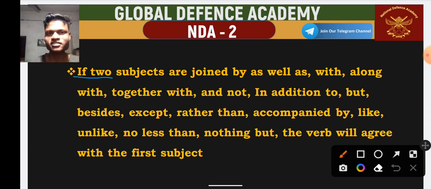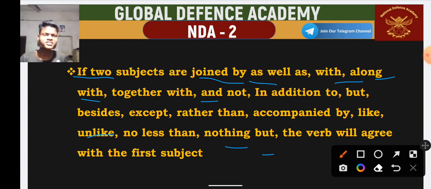If two subjects are joined by as well as, with, along with, together with, not, in addition to, but, besides, except, accompanied by, like, unlike, no less than, nothing but, and so on, when these words appear in a sentence, then you have to use the verb according to the first subject, as mentioned here.